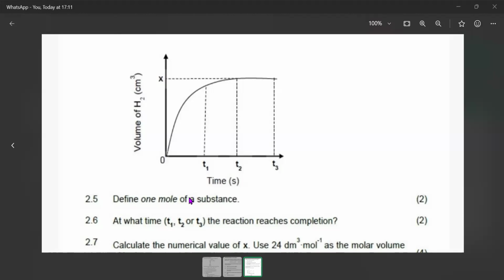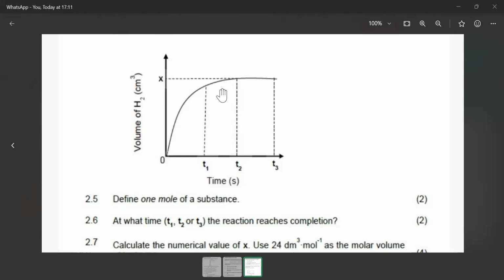Because from T2 to T3, the graph is a horizontal line. And you did maths, you know that if a line is horizontal, it means you have the same y value throughout, and the y value in this case is the volume. So the volume is the same at any time, so it's not being produced anymore. So the reaction stops at T2, not at T3. Be very, very careful of that. It's a trick.